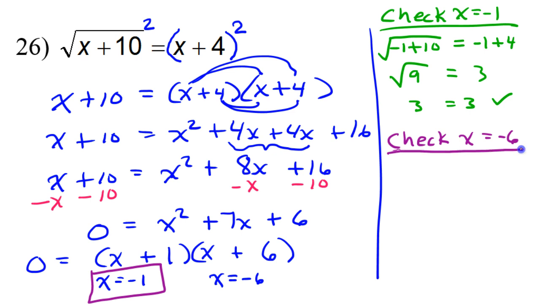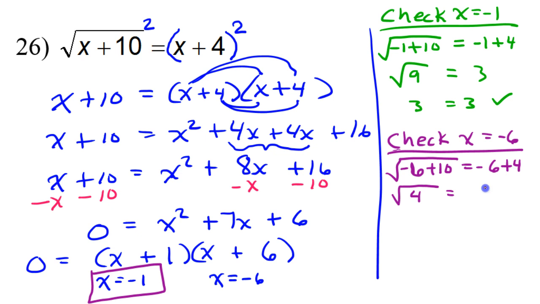Alright, so now I'm checking -6. So that would be the square root of -6 plus 10 on one side, and then it'll be negative 6 plus 4 on the other side. So the square root of negative 6 plus 10 is the square root of 4.